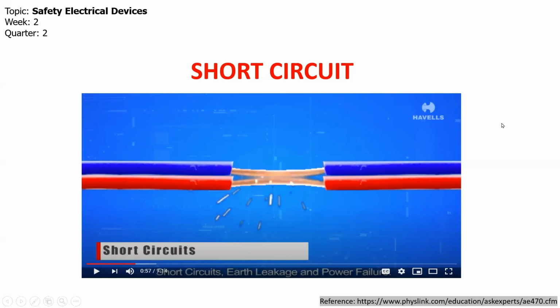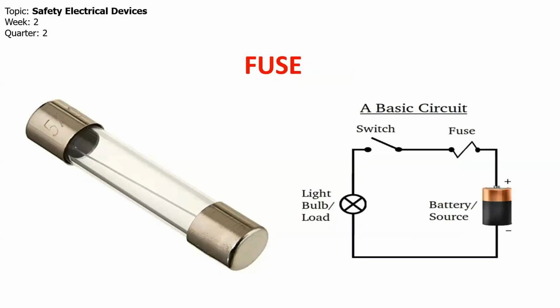So next slide, we have mga safety electrical devices. Okay? Sa yung book, we have fuse, yung classic na safety electrical device. Ang fuse is a safety electrical device that is made up of a thin metal strip that melts and breaks the circuit when overloading and overheating happen.